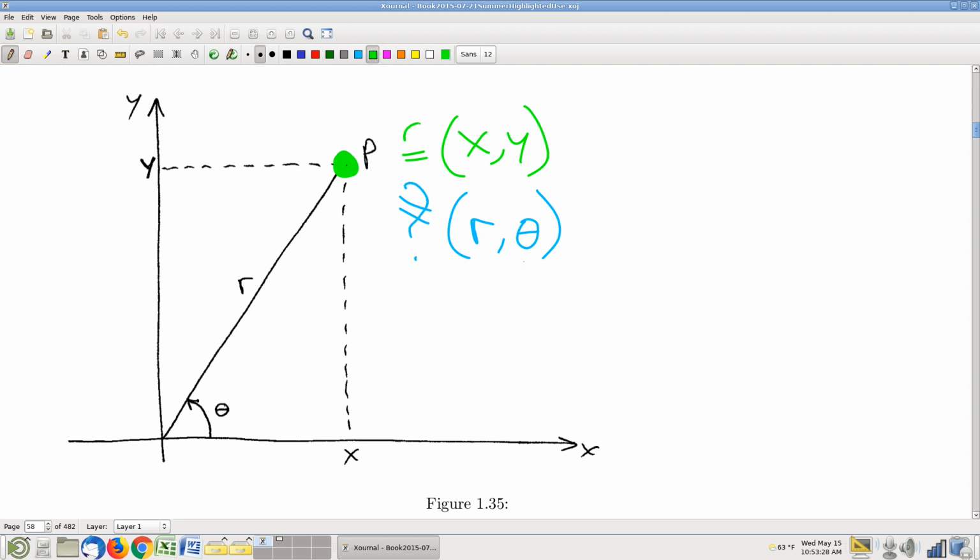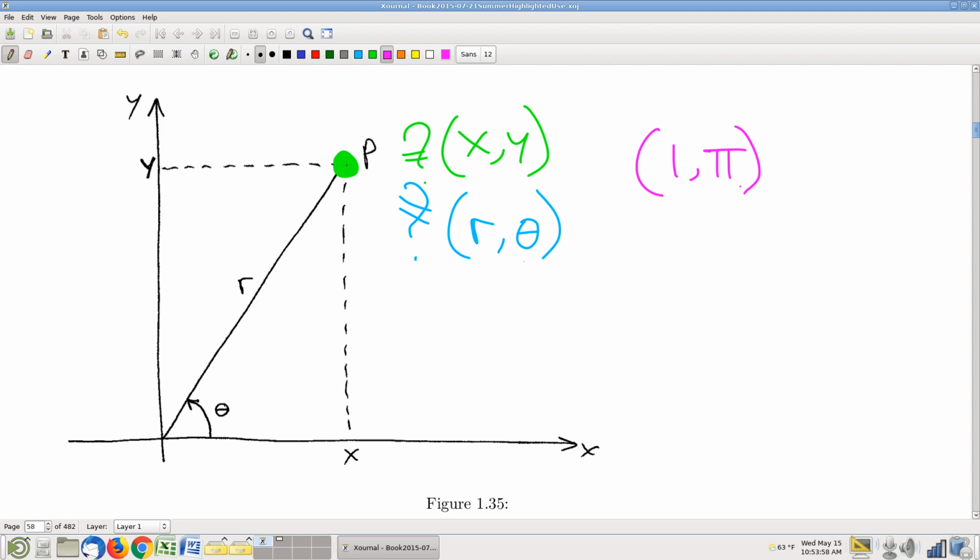because now we have this awkwardness of, when you say point equals something comma something, is the first thing the x coordinate, or is the first thing the r coordinate? And you might think, okay, we'd look at the letters. If it says x, y, well, clearly that means rectangular. If it says r theta, clearly that means polar. But what if it says instead 1 comma pi?